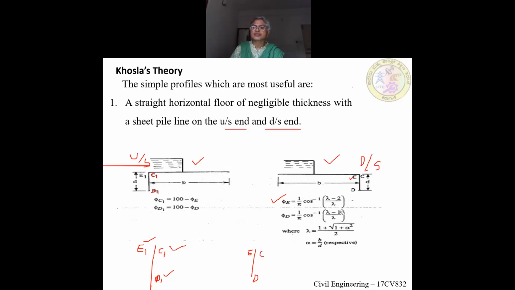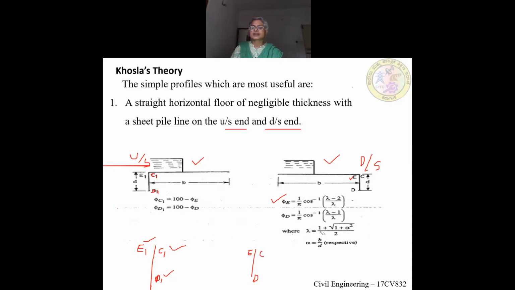Phi D is obtained from this formula. For the first formula, it is lambda minus 2. The remaining expressions are the same. And for the second formula, it is lambda minus 1. And lambda is a common value for all this, that is 1 plus root of 1 plus alpha square by 2. It is like your solution for the quadratic equation, minus b plus or minus square root of b square minus 4ac divided by 2a.